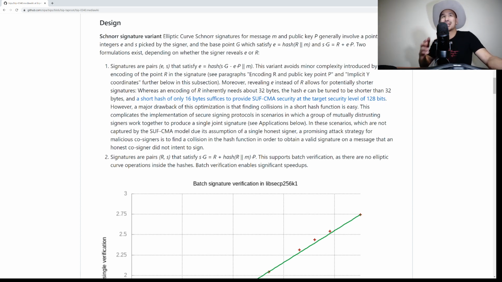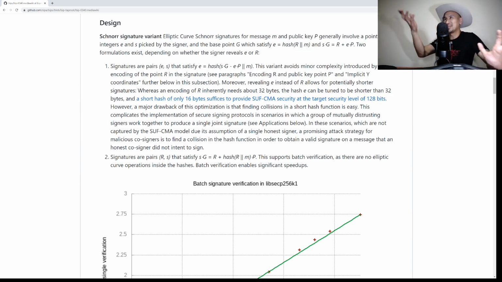This is, again, kind of getting into the weeds, but basically, ECDSA encodes capital R, which is a public point on the secp256k1 curve. It actually takes the X coordinate of the point R and then derives Y off of it.